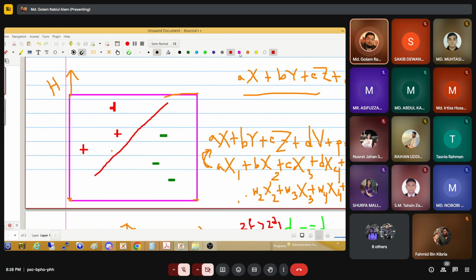And then for the test case, maybe one of the data points is here. This is A, one of the test cases. Another data point, maybe here. This is B, the test case. And another data point is here. This is C. And this is our hyperplane.